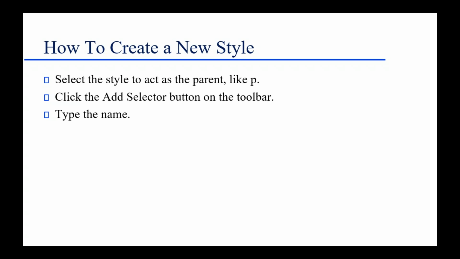But you type the name, you make sure that the name is clear, which sounds like a silly thing to say, but there's always a temptation to name a new style something that makes sense to you, but that might not make sense to you 6 months from now, or it might not make sense to me after I get hired to replace you. So you make sure the name is clear, common English, like caution, warning, something like that.